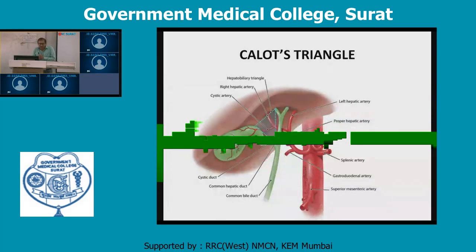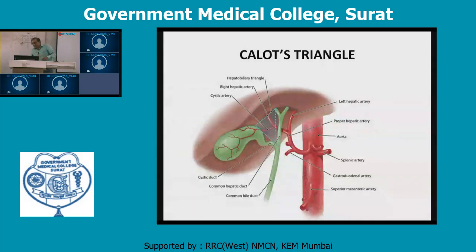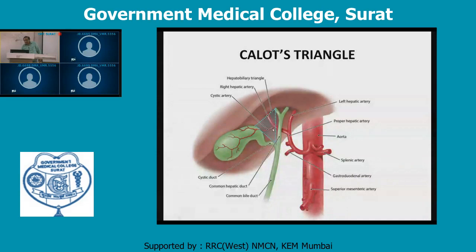Now this triangle is of surgical importance. Why? Because this is the triangle that possesses certain anatomical variations in the arterial as well as the duct system. As I already explained, the cystic artery usually or mostly arises from the right hepatic artery.